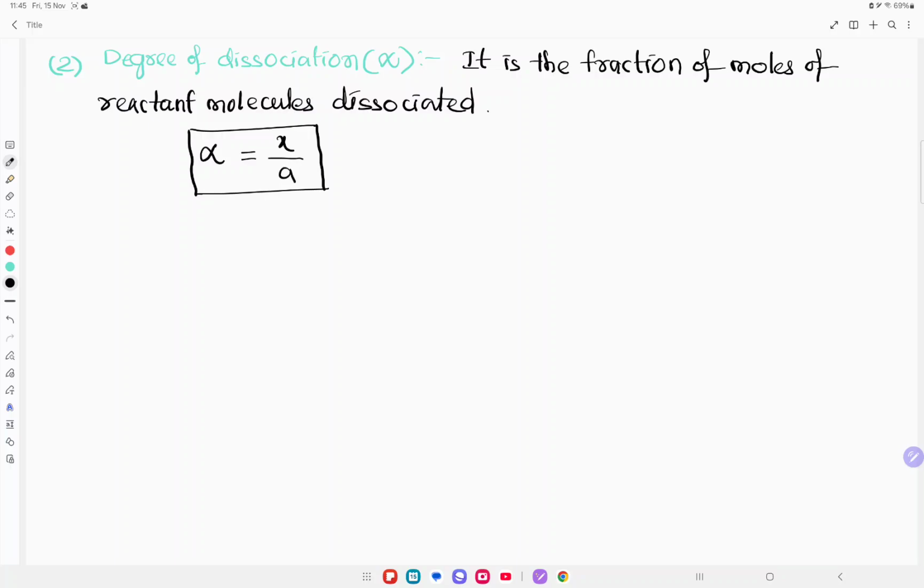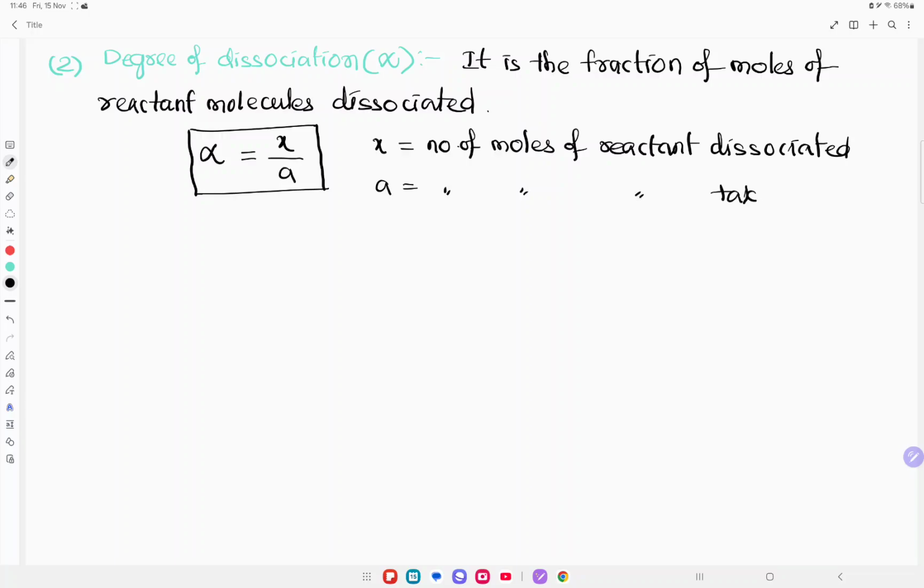Degree of dissociation. What is X? Number of moles of reactant dissociated. And what is A? Number of moles of reactant taken initially.